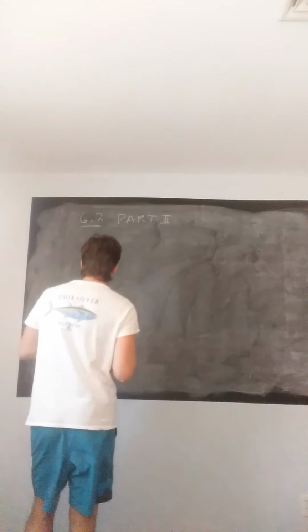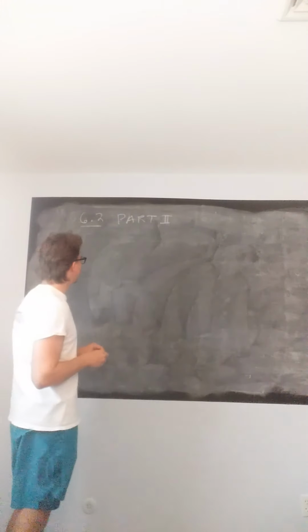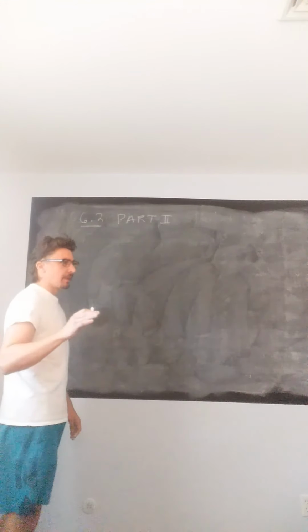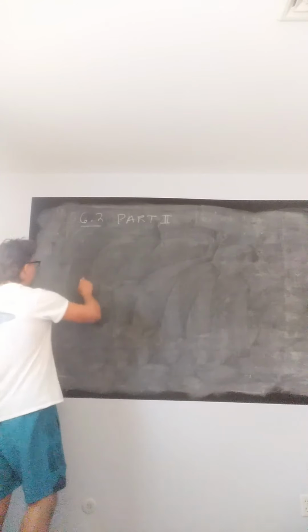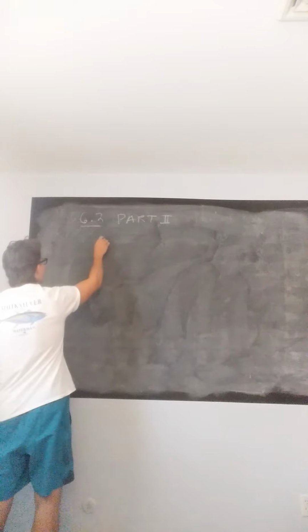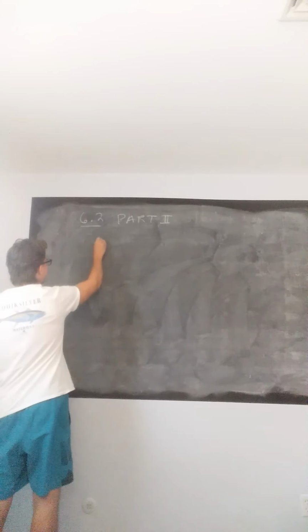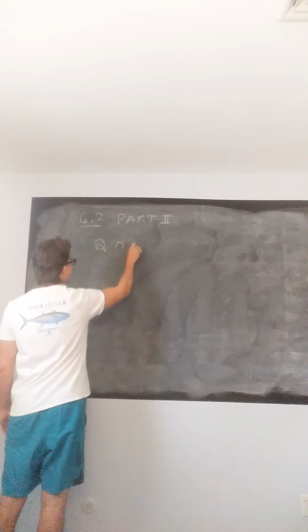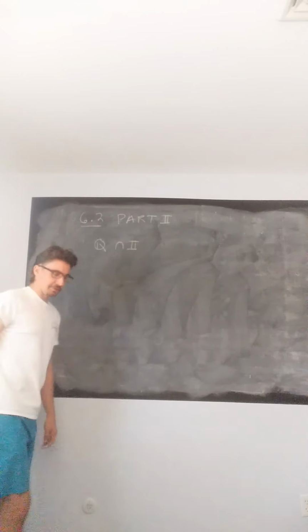But I just want to start off with something that we touched on in the previous video, which would have gone back to 6.1. We want to perform operations with these sets. So for example, there's some that are a little more interesting. Say we want to take the rational numbers and intersect that with the irrational numbers.